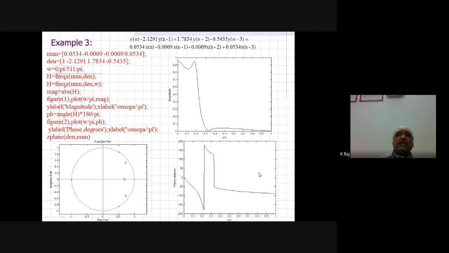Now if we consider some example here, say any H(z) is given, and the numerator terms are given by these coefficients here.